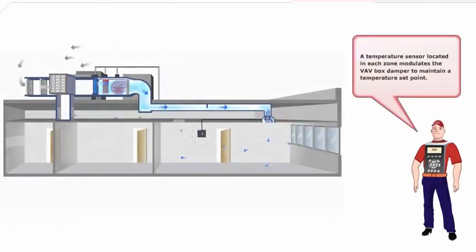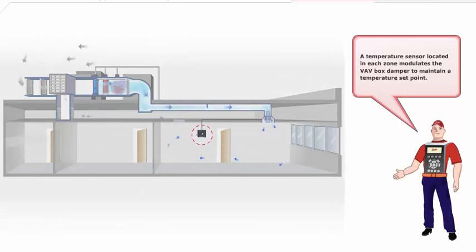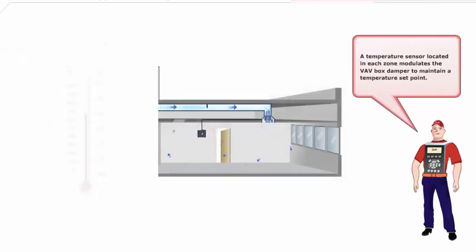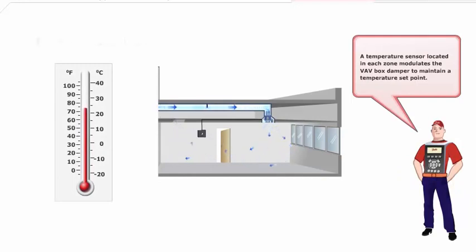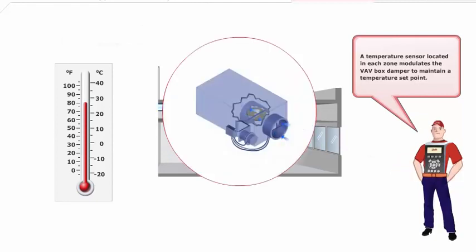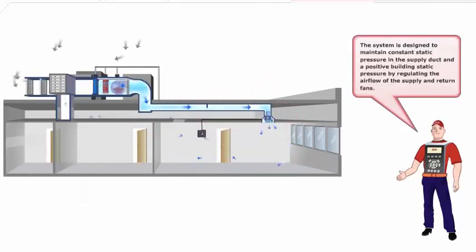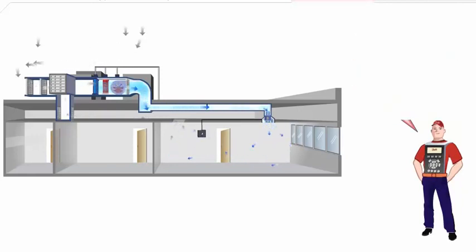A temperature sensor, located in each zone, modulates the VAV box damper to maintain a temperature set point. The system is designed to maintain constant static pressure in the supply duct and a positive building static pressure by regulating the airflow of the supply and return fans.